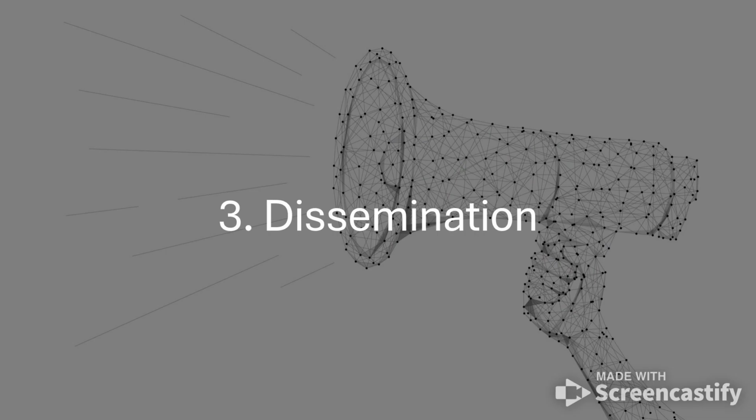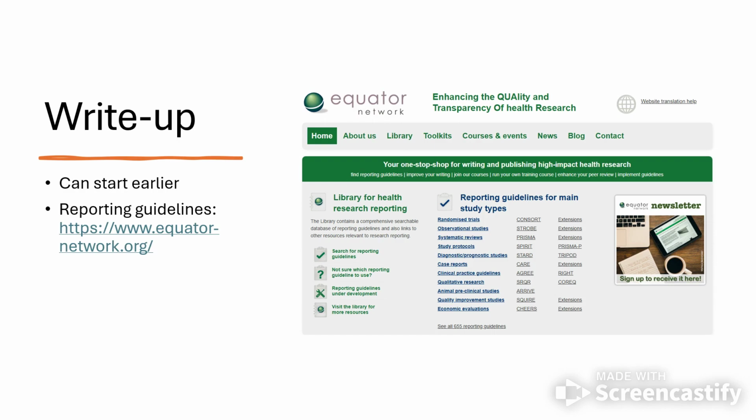So that's your analysis. Now on to dissemination. This is where you get the word out about your research, because there's no point doing it if people don't know about it. When we think about dissemination, often the most obvious form of dissemination is the research paper. The write-up can, of course, start earlier in the process.